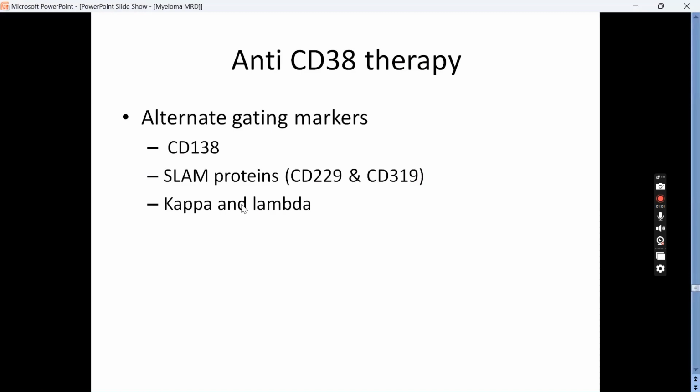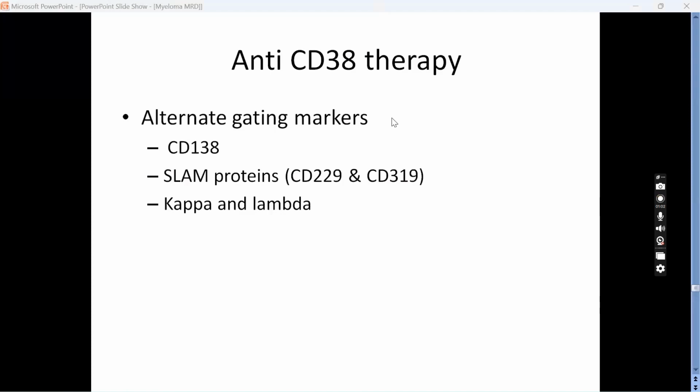Any doubts? Sir, can we initially use CD138 in place of CD38 in each and every case? Is there any problem in doing that? Yeah, I told you now, during diagnosis, the problem with CD138 is that it tends to get downregulated with time. You do one thing: when you get a myeloma sample, you acquire it fresh with the markers, and then you acquire it 1 day later and 2 days later, and see the expression of CD138.